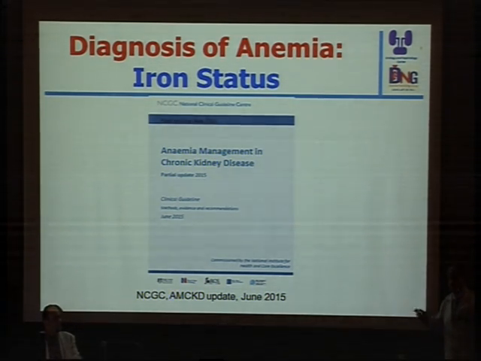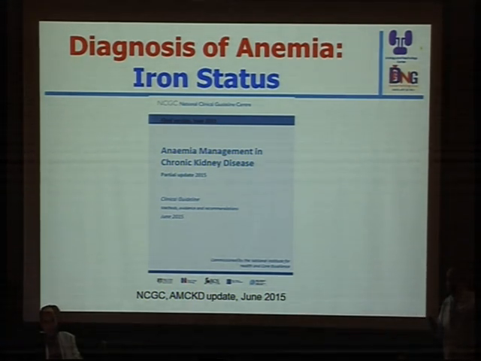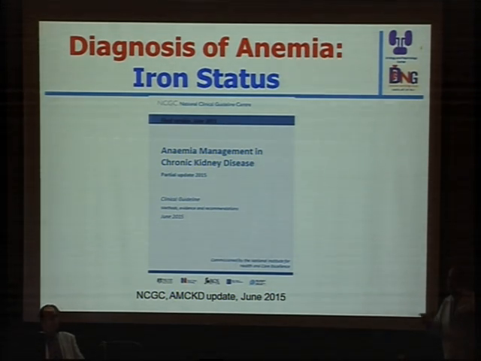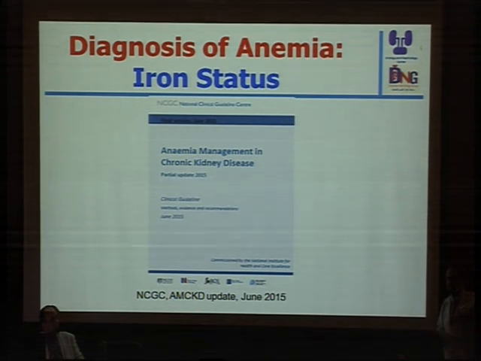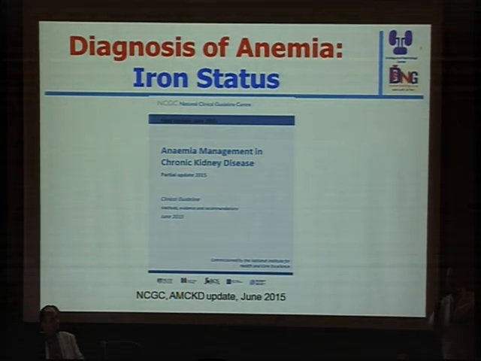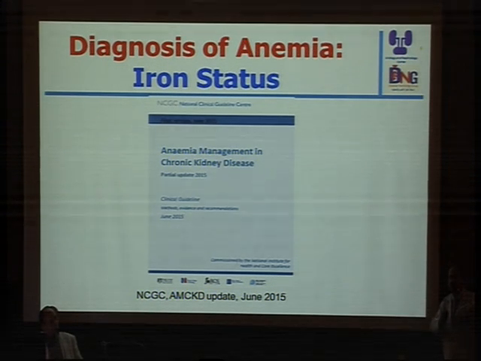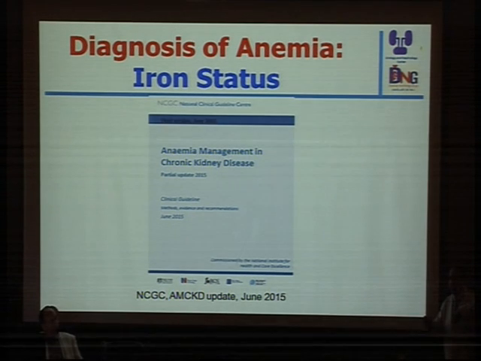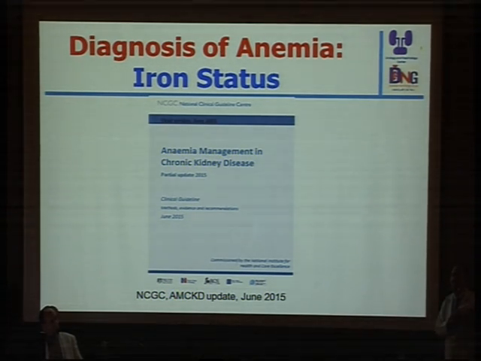According to the new guidelines and the practical strategy, neither serum ferritin nor transferrin alone could work. So how can I diagnose? By both of them. This is the least acceptable diagnostic strategy for absolute iron deficiency: to know the level of ferritin and the level of transferrin saturation.